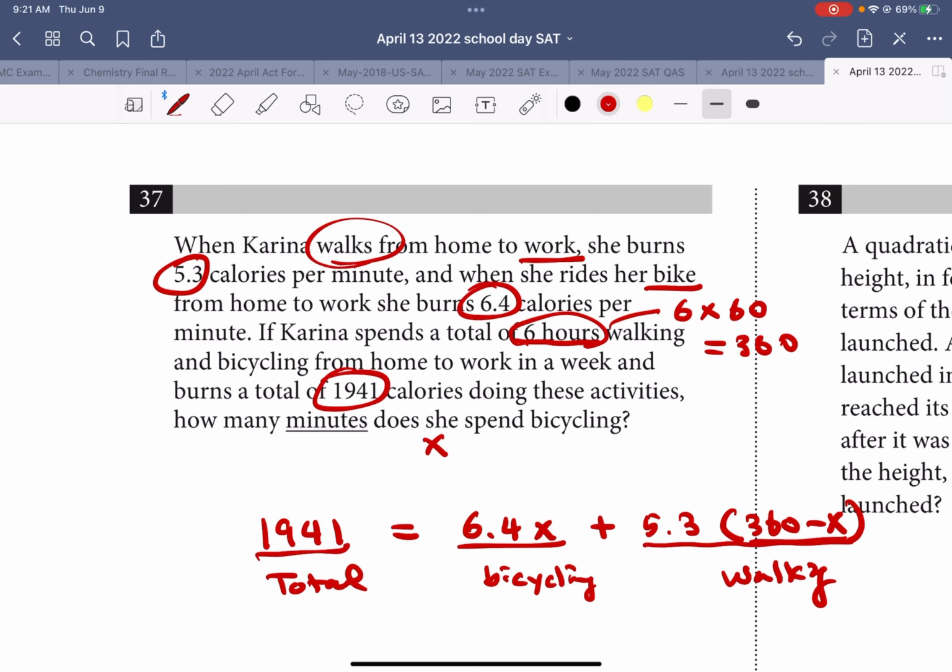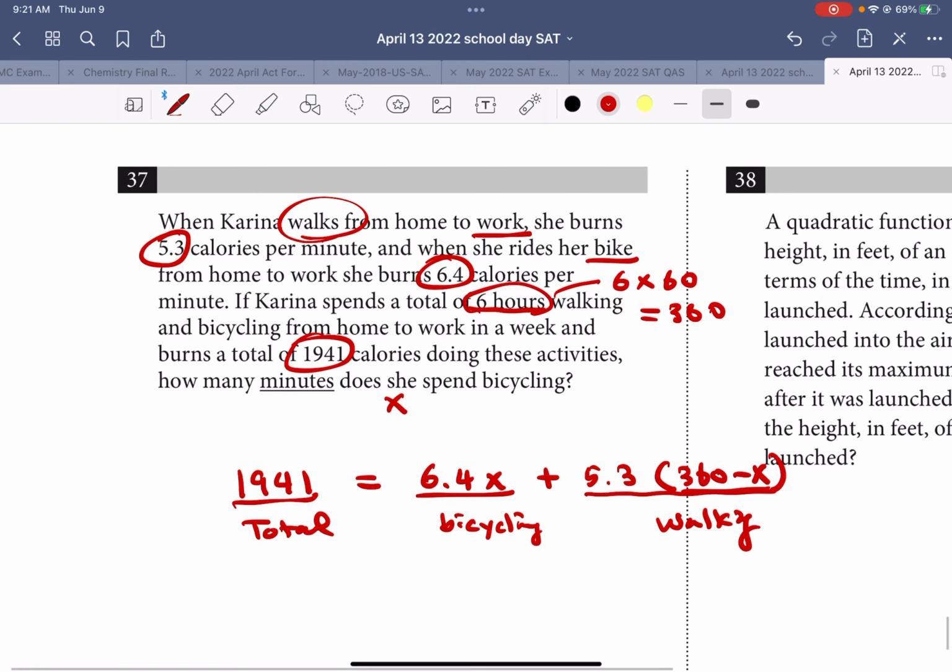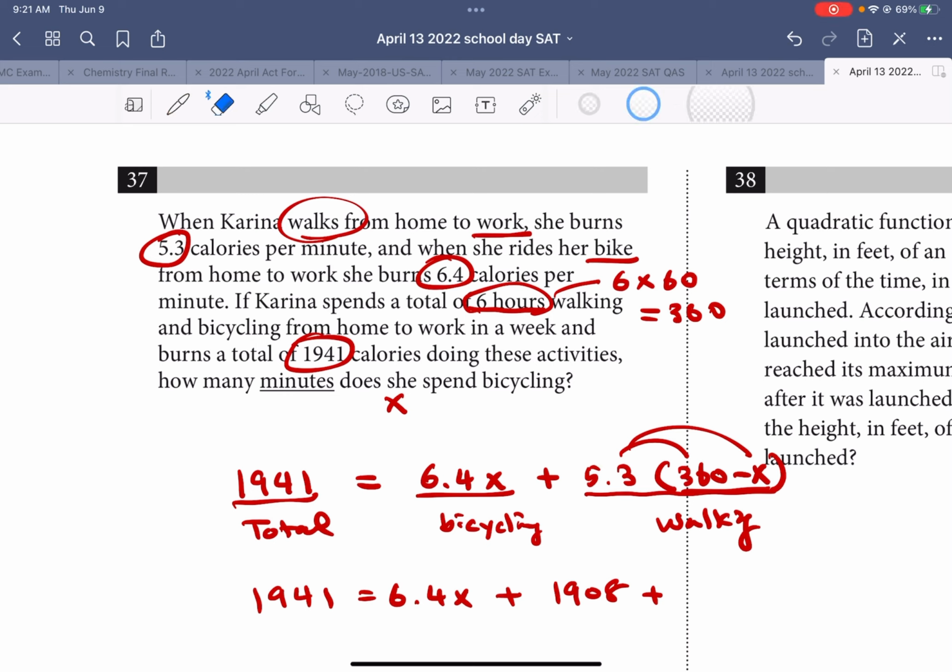Okay, total calories. So now you simplify and solve for x. When you multiply it out, 1941 equals 6.4x plus 5.3 times 360, 1908, minus 5.3x.